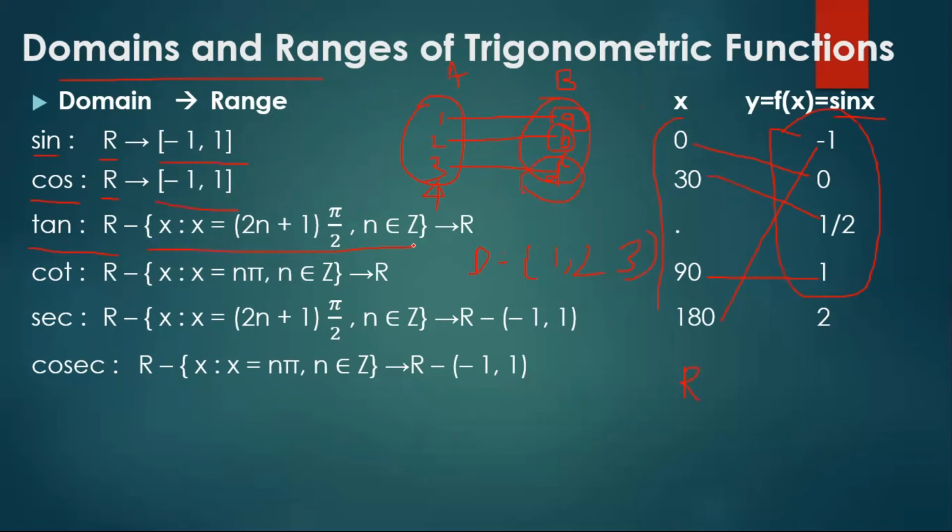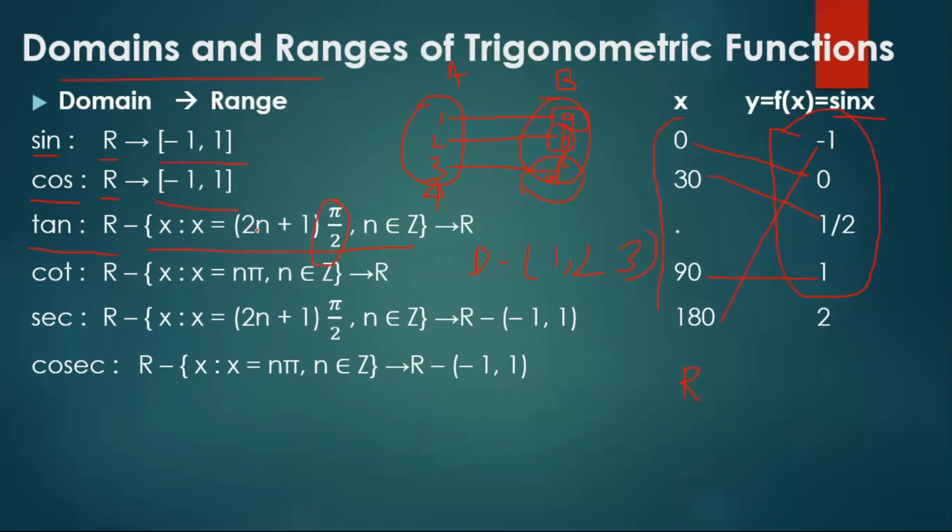That is tan 90. Tan 90 is undefined, infinity. Got it? So only at odd multiples of pi by 2, tan is infinity.